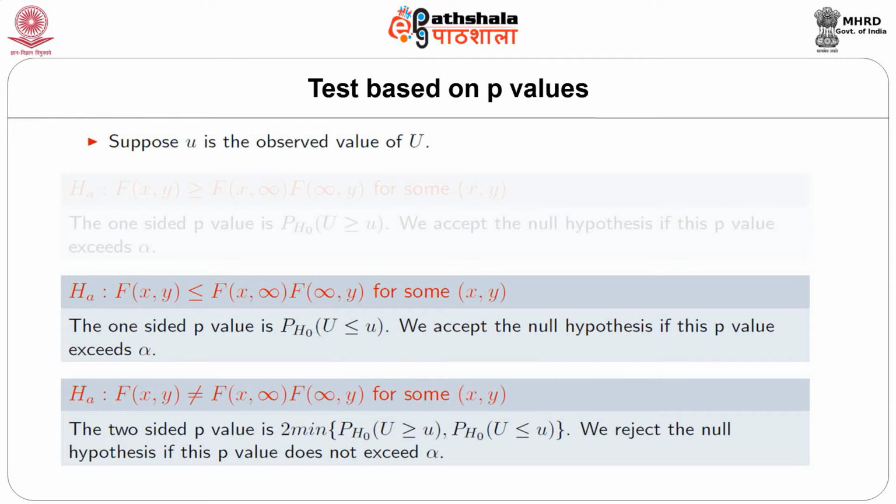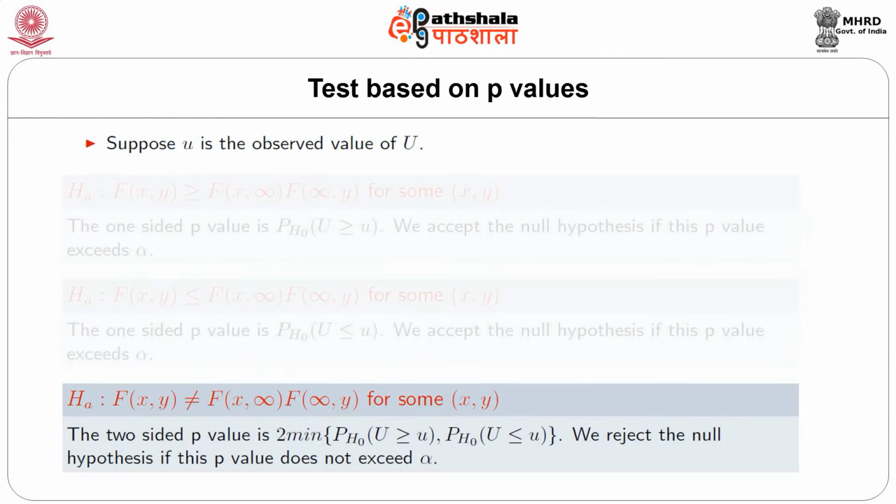If we consider testing the two-sided alternative, that is F(x, y) not equal to F(x, infinity) multiplied by F(infinity, y) for some x, y, then the two-sided p-value is twice the minimum of the p-values obtained earlier. We reject the null hypothesis if this p-value does not exceed alpha.